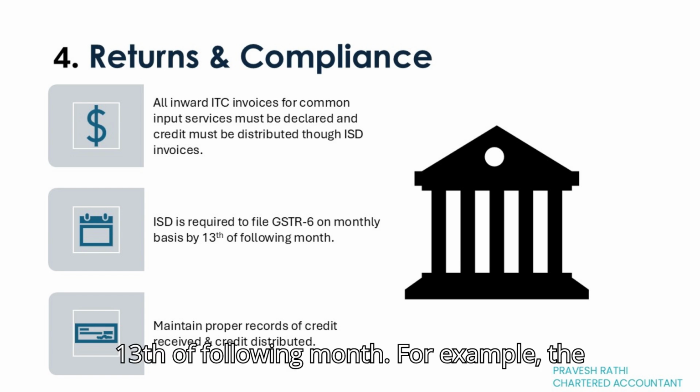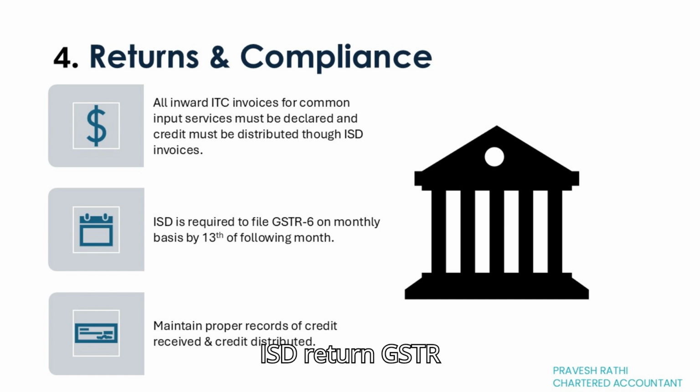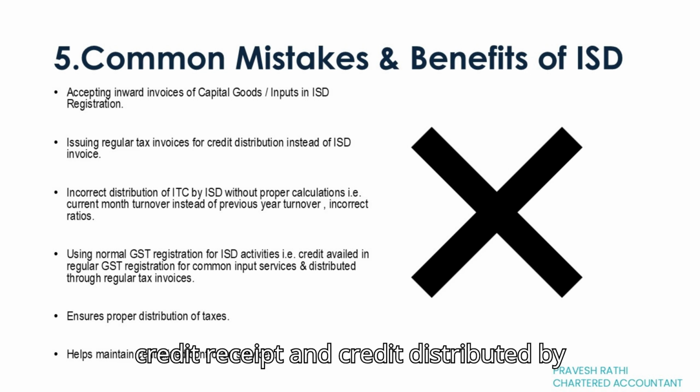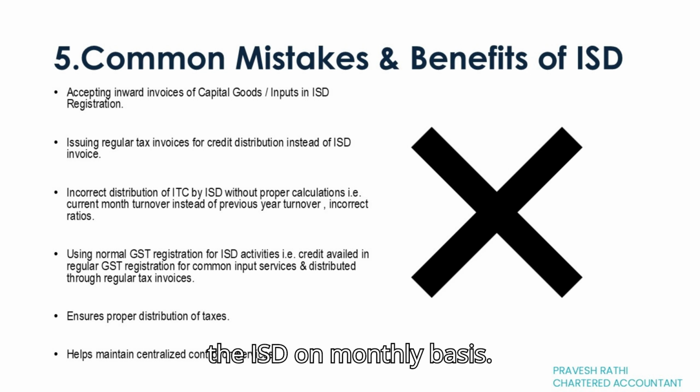For example, the ISD return GSTR 6 for April 2025 needs to be filed by 13th May 2025. It is also very important to maintain complete and proper records of credit received and credit distributed by the ISD on a monthly basis.